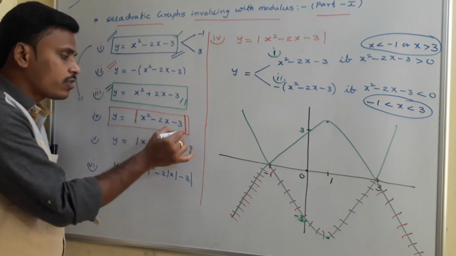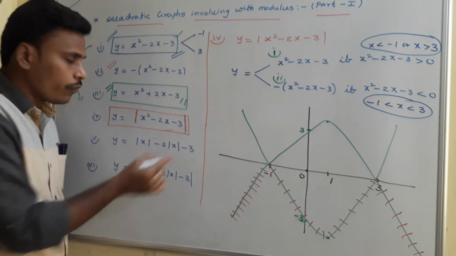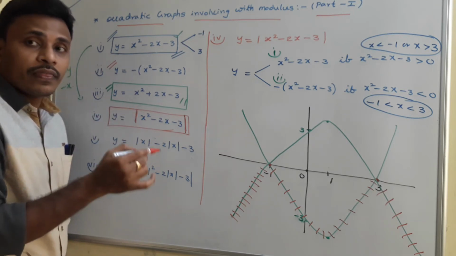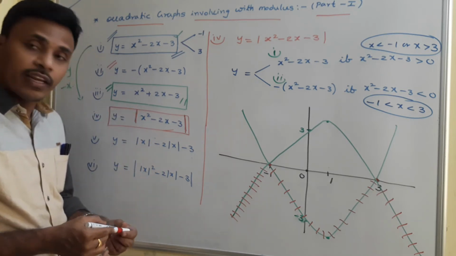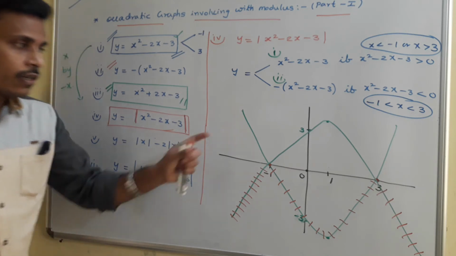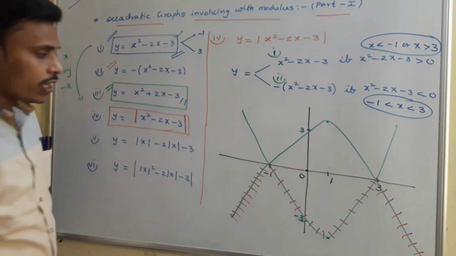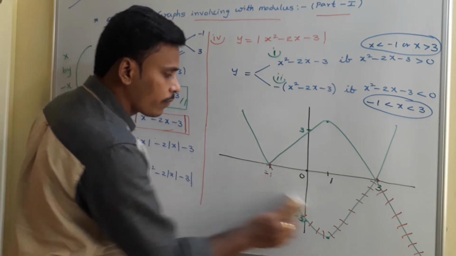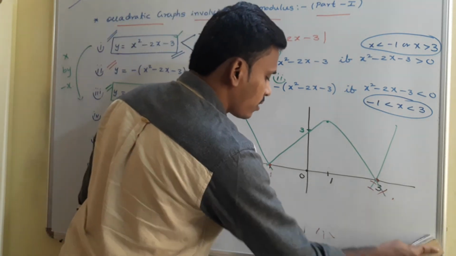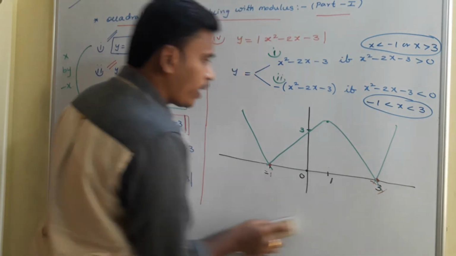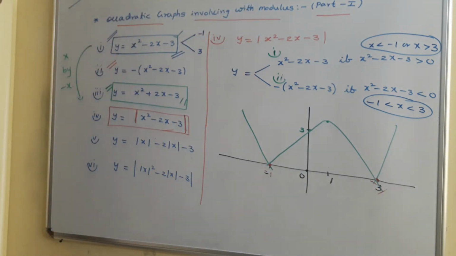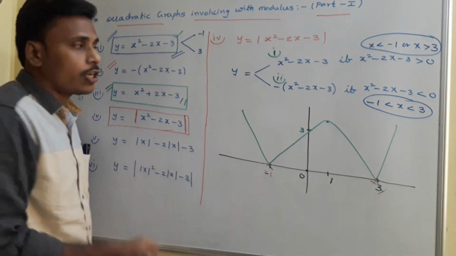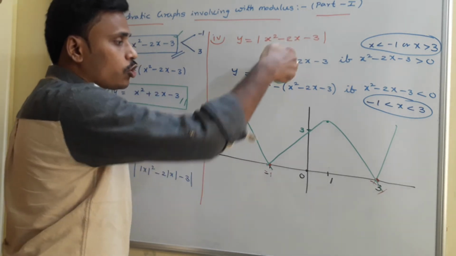Since modulus is there, it is always positive. Since it is always positive, y is always positive. In the sense, you can't get the graph in the negative region. At the end, when you analyze this, you just remove the down part, below the x-axis. So at the end, this is the sketch of y is equal to modulus of x square minus 2x minus 3, as an analysis, and I just discussed it with these two.